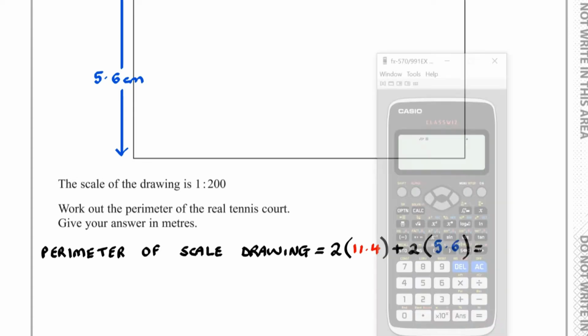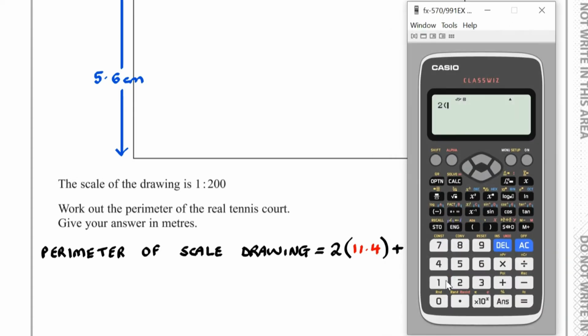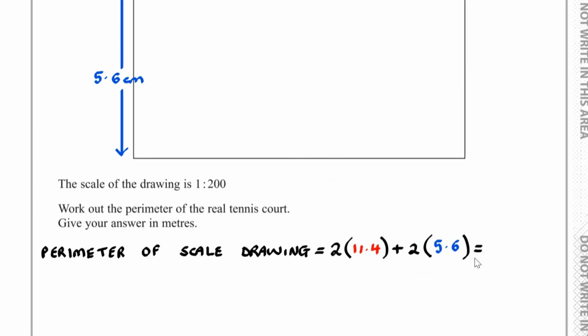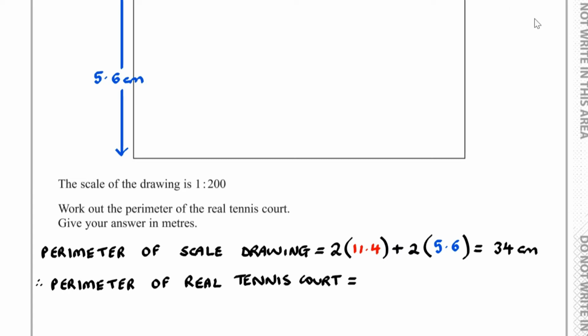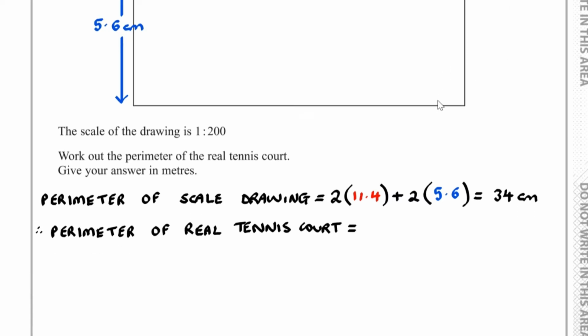So if we work this out, what we end up with is 34 centimeters. And therefore, the perimeter of the real tennis court will be 34 multiplied by 200.